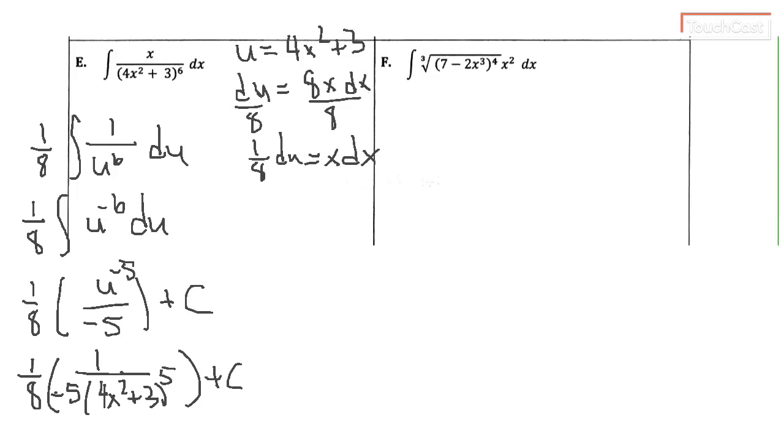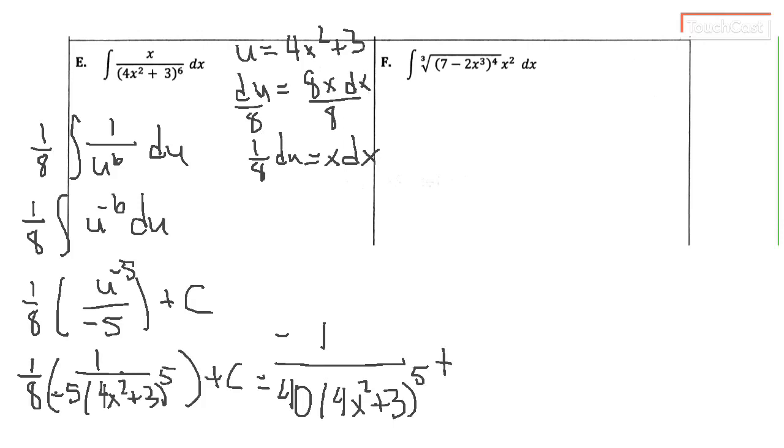So now we're going to multiply that 1/8 through. So our final answer to this problem is going to be 1 over 8 times negative 5 is, we'll just make the 1 negative, 8 times 5 is 40, times 4x squared plus 3 to the power of 5 plus c.